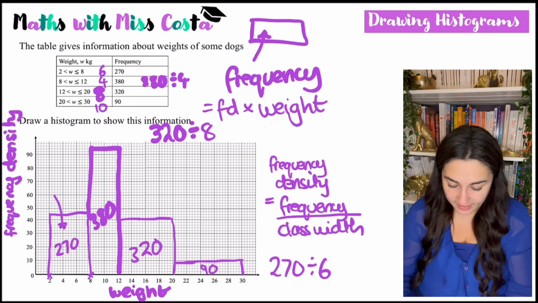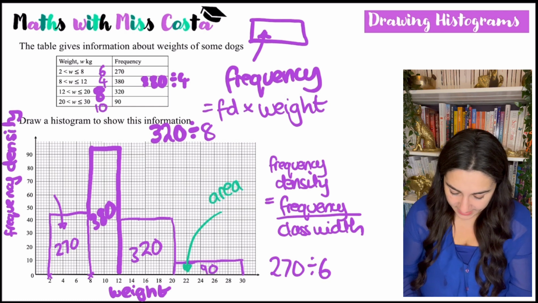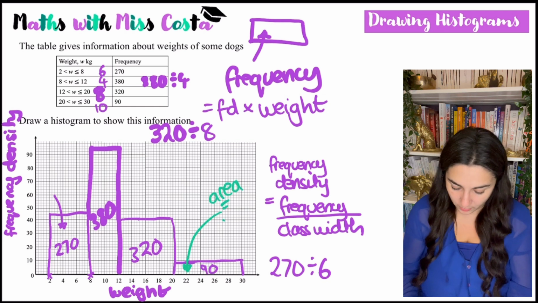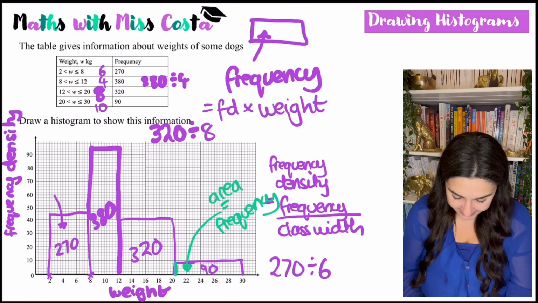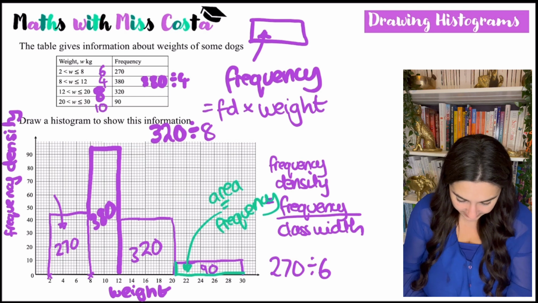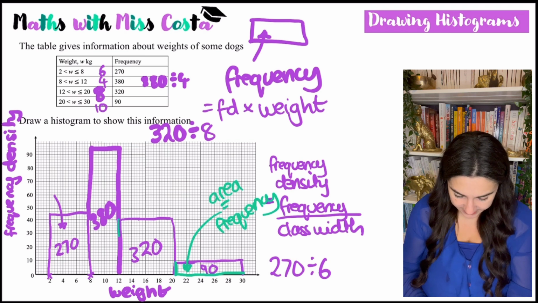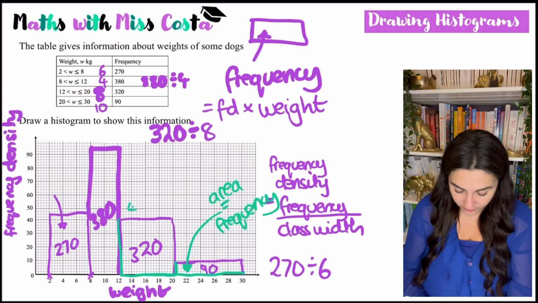So essentially, the area of each box is the frequency. Here the frequency density is 9 and 9 times 10 gives me 90. Here the frequency density is 40 and 40 times the class width, which is 8, gives me 320.